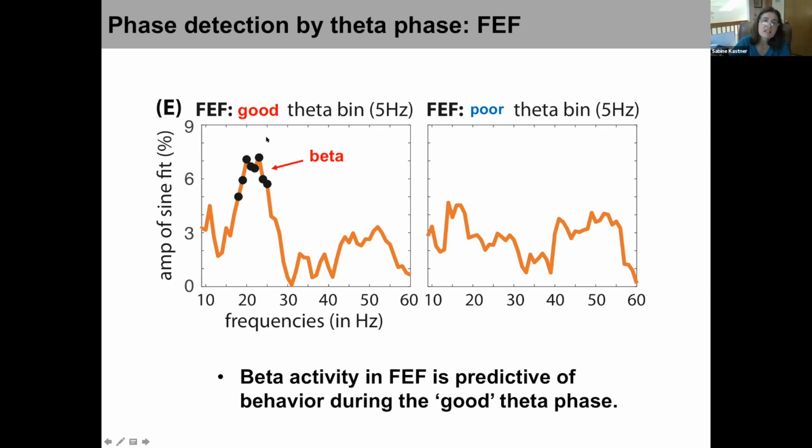And what we see here is that in FEF, we see a very prominent beta activity that is also predictive of behavior. And it is exclusively associated with the good theta phase, so it predicts good behavior. There's nothing during the poor theta phase.